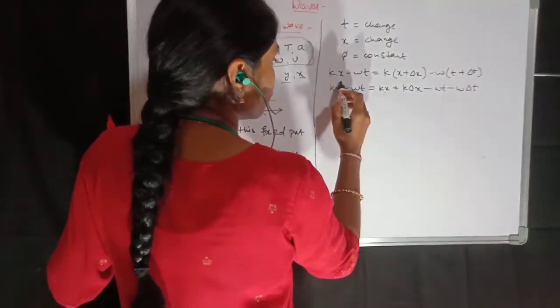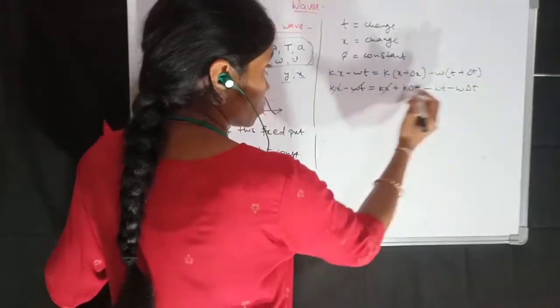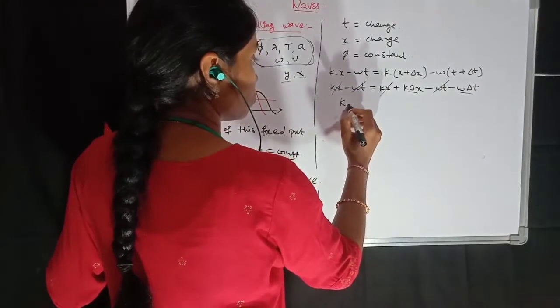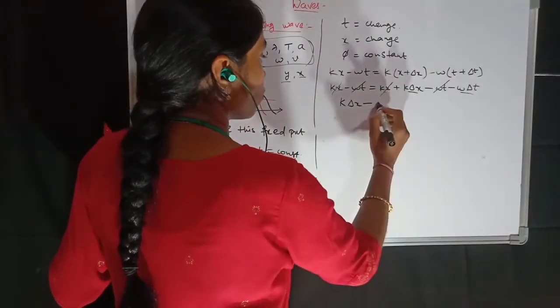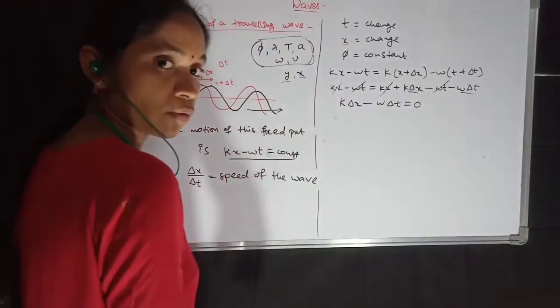Now cancel kx with kx, and minus omega t with minus omega t. We are left with k delta x minus omega delta t equals 0.